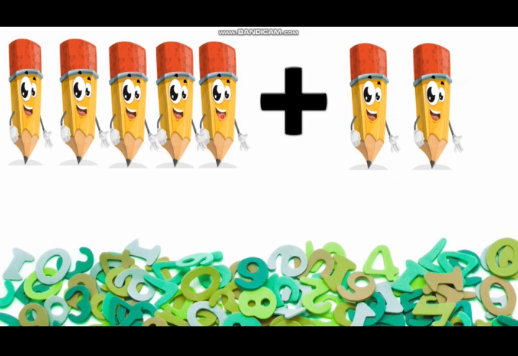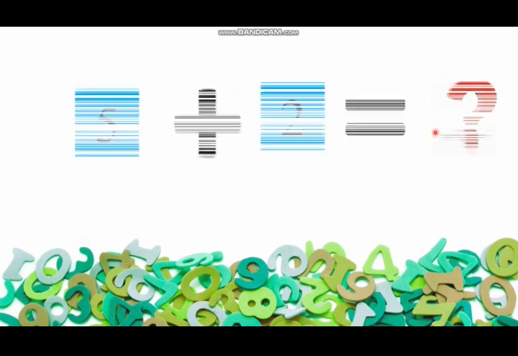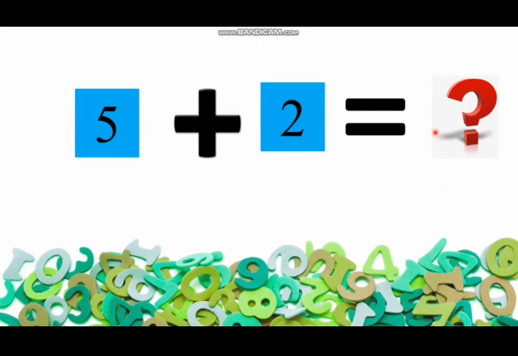So, you have to add 5 pencils plus 2 pencils. So the question is 5 plus 2 equals how much? Count it with your little fingers. Yes, 5 plus 2 is equal to 7. Absolutely correct. Clap for yourself.